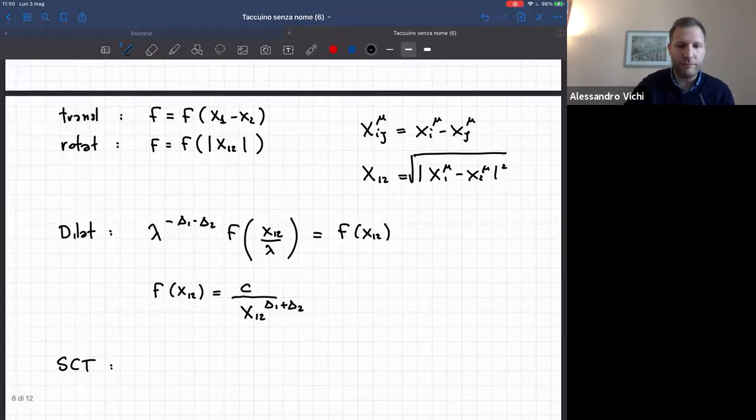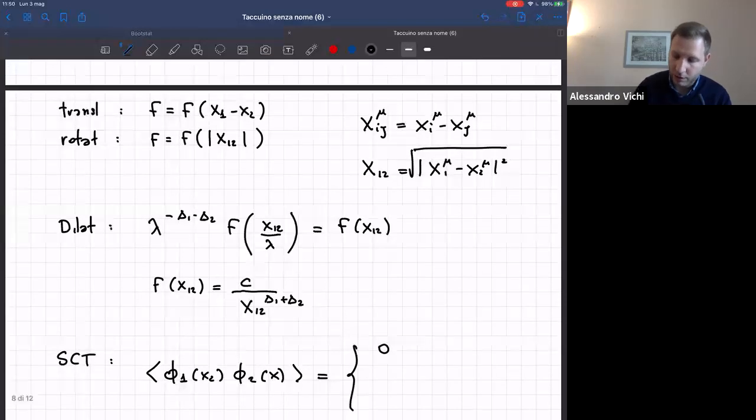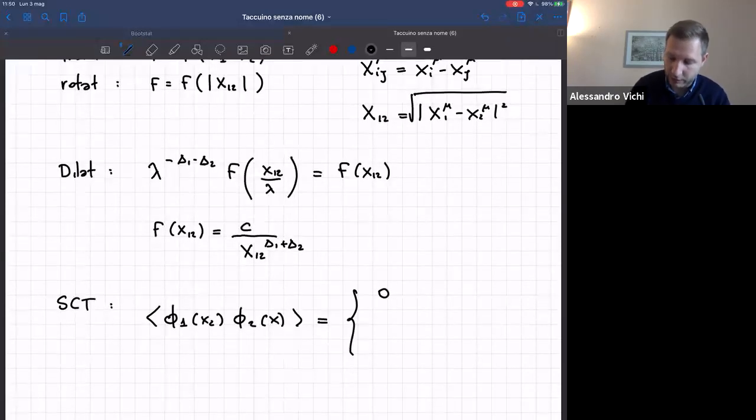And under this condition, you can show that, of course, it's not going to modify further the generic form, but special conformal transformation tells us that the correlation function of these two objects not only has a fixed form, but is either 0, if delta 1 is not equal to delta 2, or, if they're equal, it has the form that we wrote before.